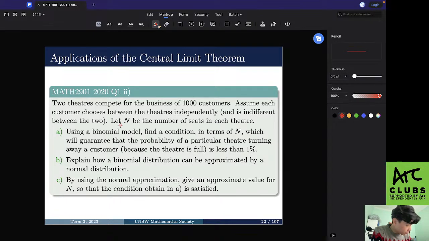Then we also want to assume n is the number of seats that each theater has. The question says we need to find a condition in terms of n such that they guarantee that the probability of a particular theater turning a customer away because the theater is full is less than 1%. So we want to find the probability that any particular theater is full being less than 1%.